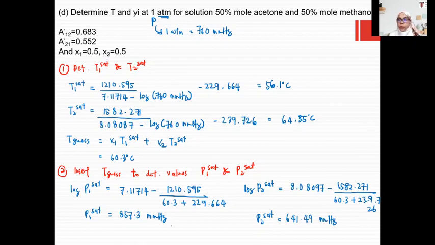Okay, what information can you obtain from the P1, P2 saturation is the value of P, equal to X1 gamma 1 P1 saturation plus X2 gamma 2 P2 saturation. Since this solution is non-ideal, or it has non-similar chemical species, we need to determine the gamma first.